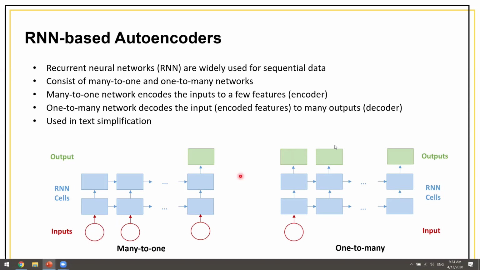We try to minimize the difference between this output and this input, which we call reconstruction. This is being widely used in text simplification. For example, you have one sentence here. Each word of a sentence is one input, and then for all of them, you will have only one label.